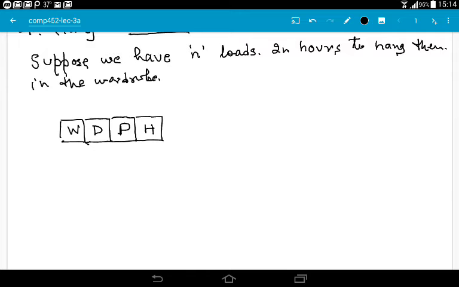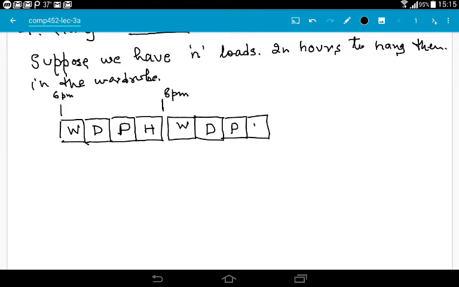So let's suppose that this is 6 p.m. So by the time we finish, this will be 8 p.m. So then at 8 p.m. we start our next load. We wash it, we dry it, we press it, we hang it. So this will be about 10 p.m.